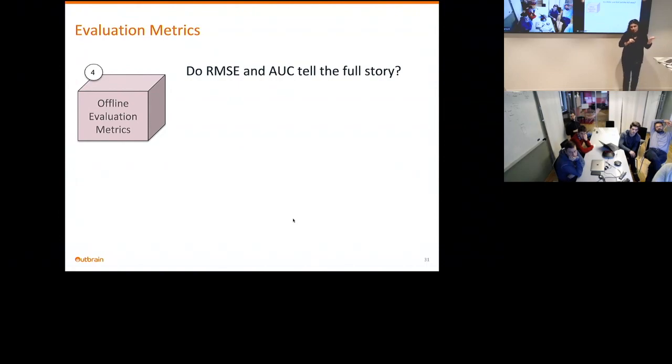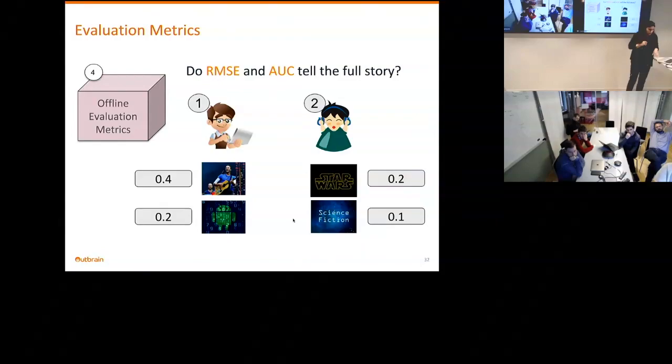Now, the classical metrics, as you're probably aware, are global. We have RMSE, which means root mean square error. We have AUC metrics, and the question is, are they telling the full story, or do we need to introduce other types of metrics? I'll give you an example of why we need other types of metrics as well. A quick overview of what AUC does: the AUC metric checks whether my model was able to differentiate well between the clicks and the non-clicks.